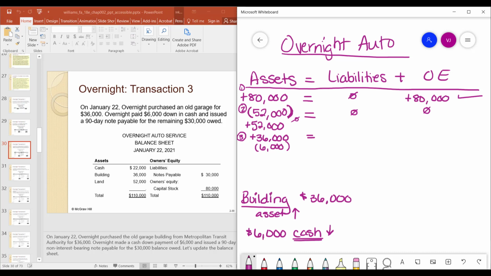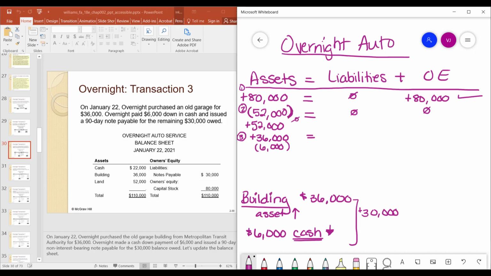So what's the net effect here on the left? If assets went up by 36 but down by 6, overall the increase to assets is simply 30,000, isn't it? But an increase of 30,000 on the left needs to be balanced out by something on the right. If they only paid $6,000 cash, doesn't that mean they still owe?